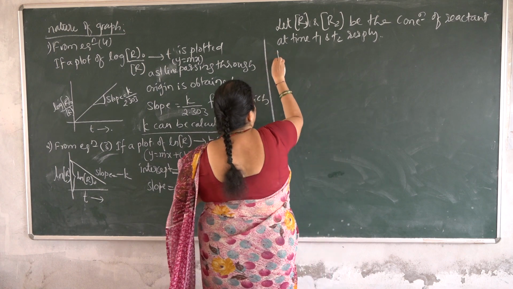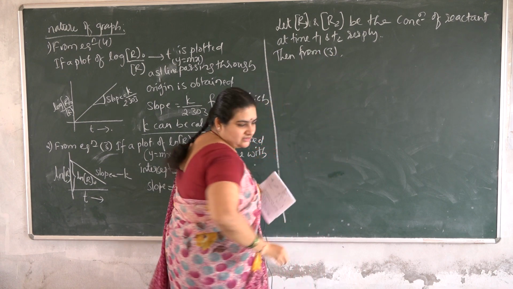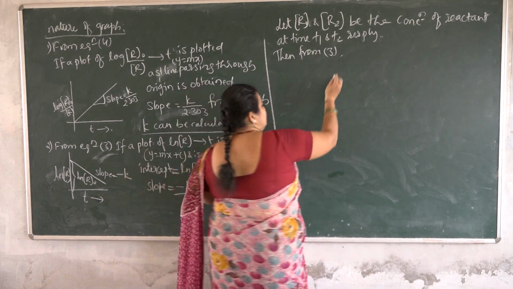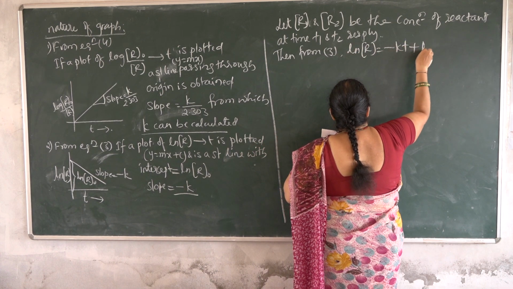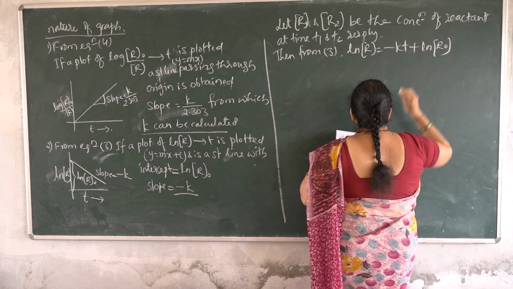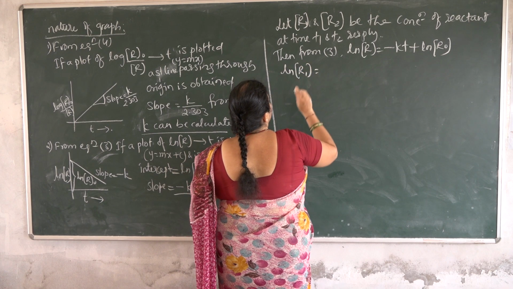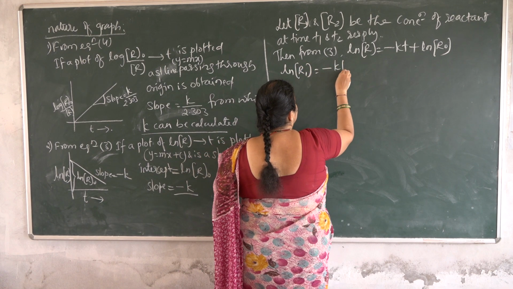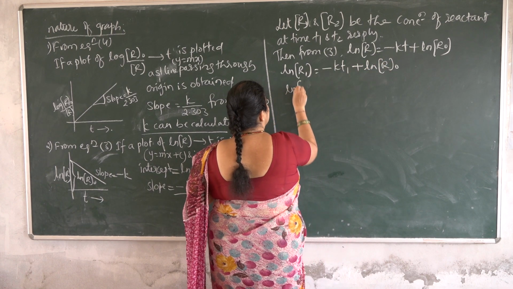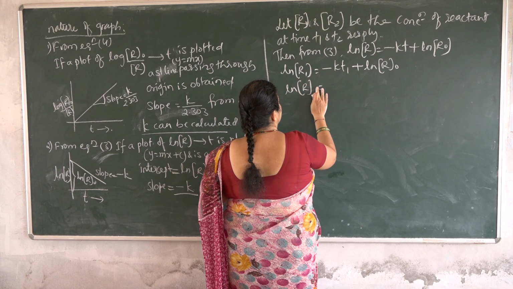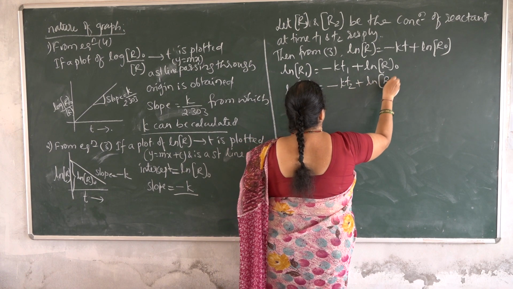Then from equation 3, ln R is equal to minus kt plus ln R naught. So ln R1 is equal to minus kt1 plus ln R naught, and ln R2 is equal to minus kt2 plus ln R naught.